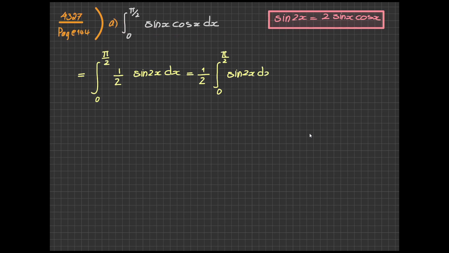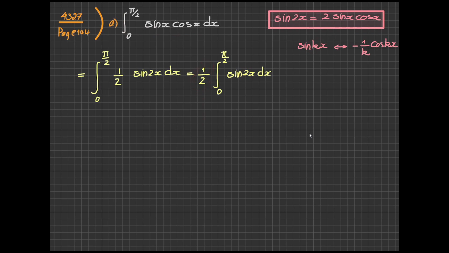But this is a famous one. You have it in the formula sheet. So if you have sine kx, its primitive function is what? Minus 1 over k cosine kx, which you get in the formula sheet. So I will use it here, but k in this problem is 2. I already have a 1 over 2 here.